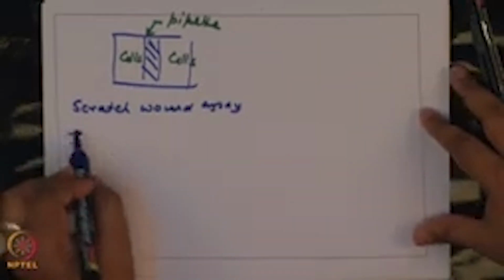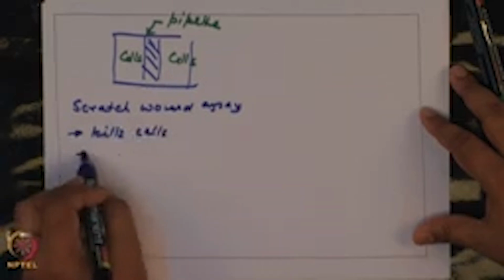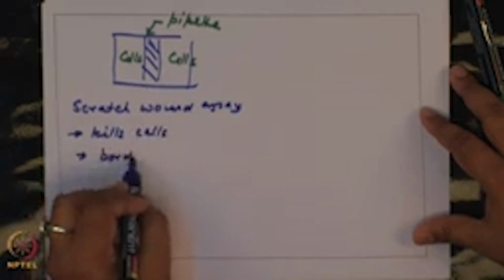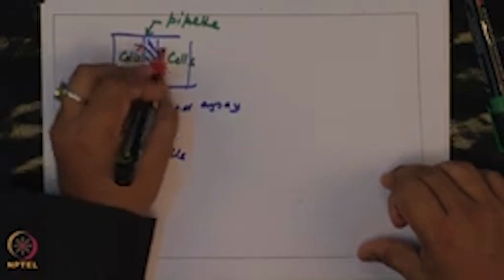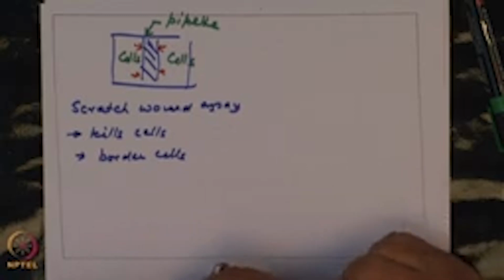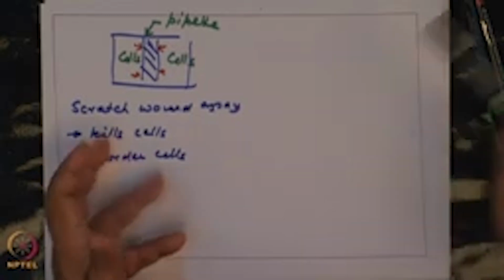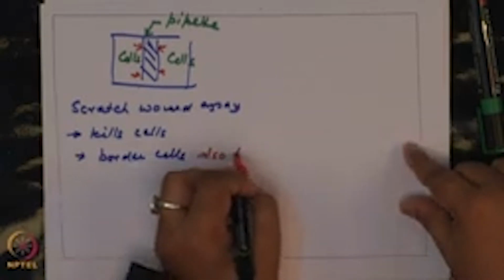It of course kills cells, but many of the border cells are also disrupted. Which are the border cells? The border cells are those in contact with the edge that you have created by scratching the surface. Many of them also tend to die.